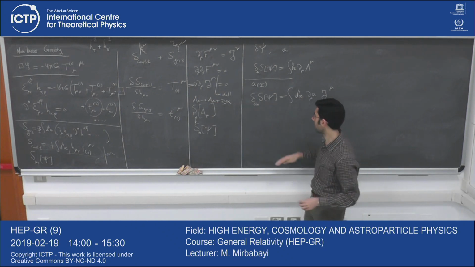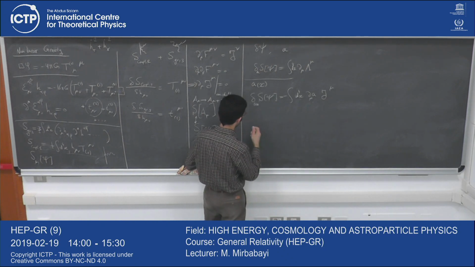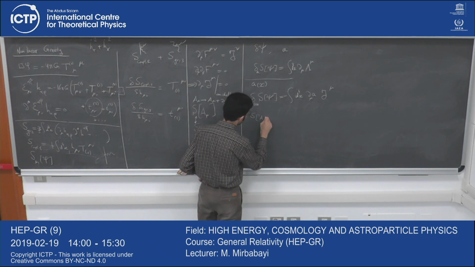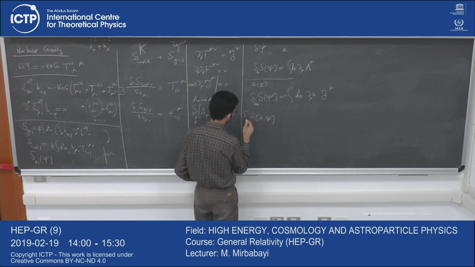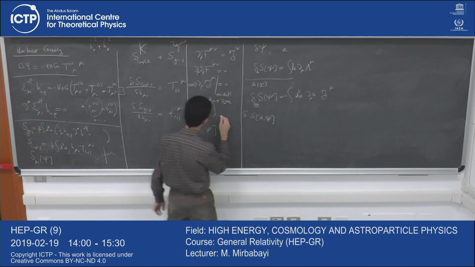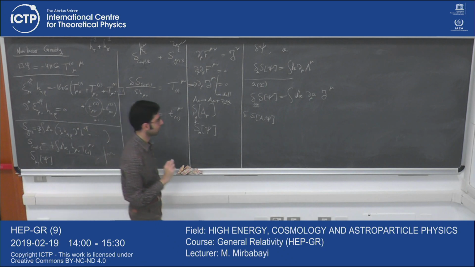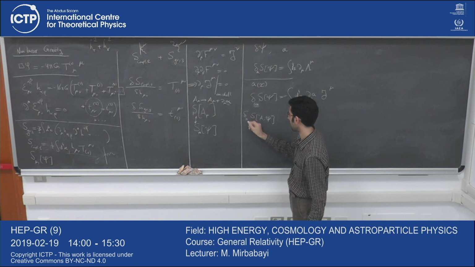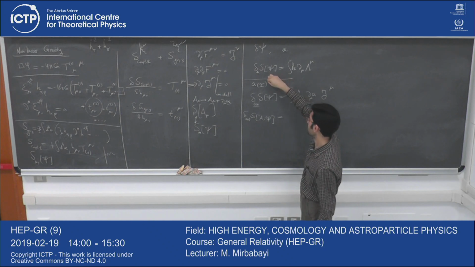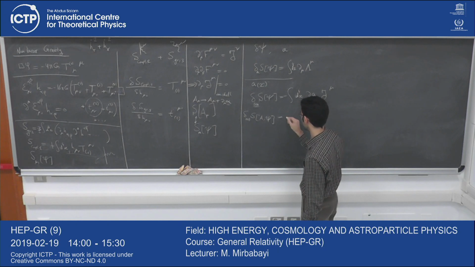We can couple A to psi using the following procedure. I write S of A and psi in such a way that I identify this A of x with this parameter of the gauge transformation of A mu, and then require that this full action is invariant under this, now we call this a local transformation.